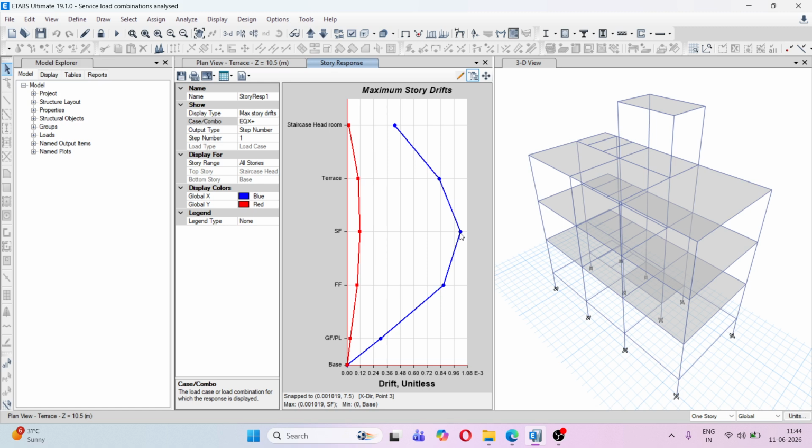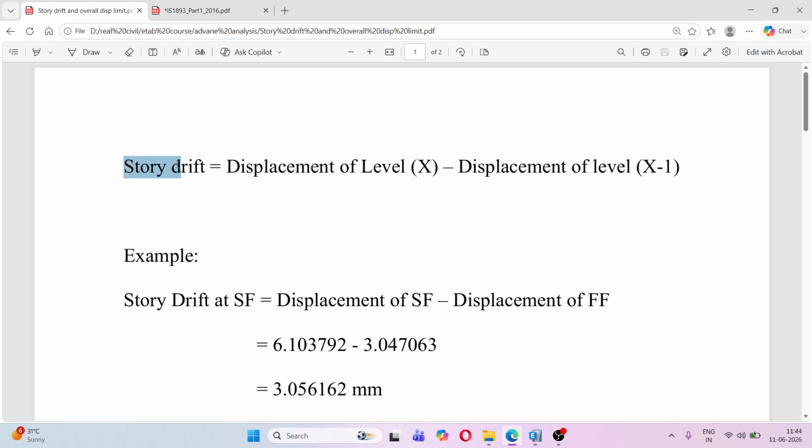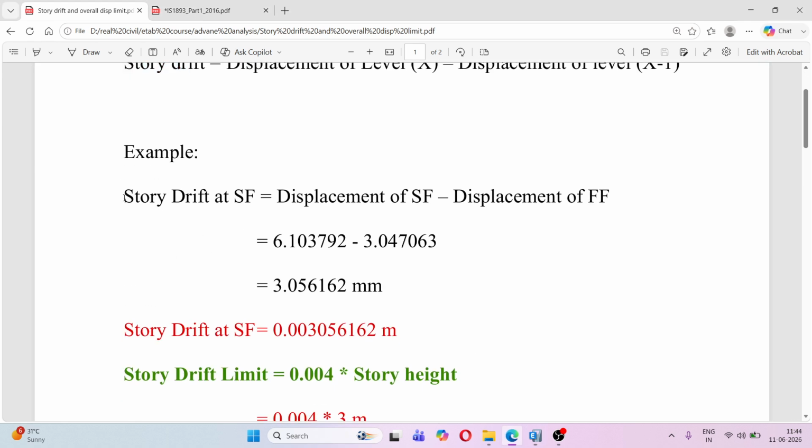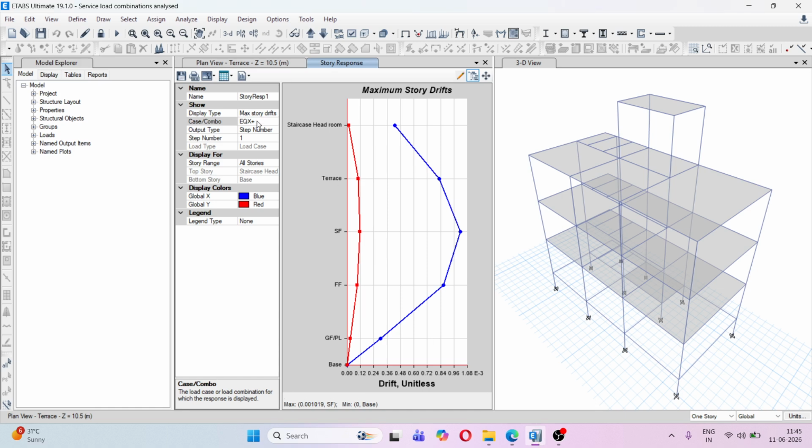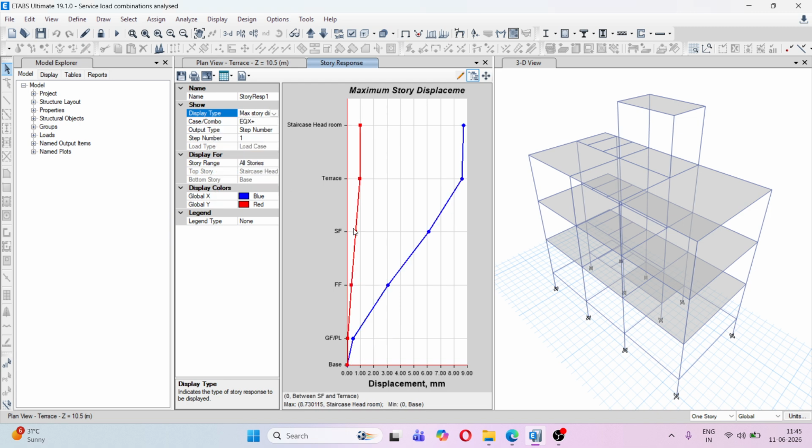and we have to check as per IS code whether it is in the limit or not. So as per the formula, if I want to determine the Storey drift at the second floor, then I have to consider the displacement of the second floor minus the displacement of the first floor. Okay, so let's see the displacement. Yes, this is the maximum Storey displacement.